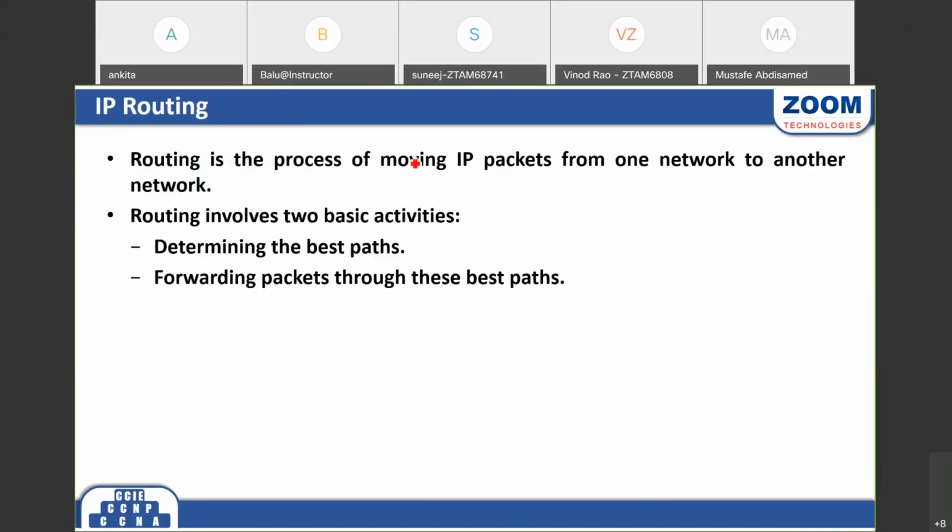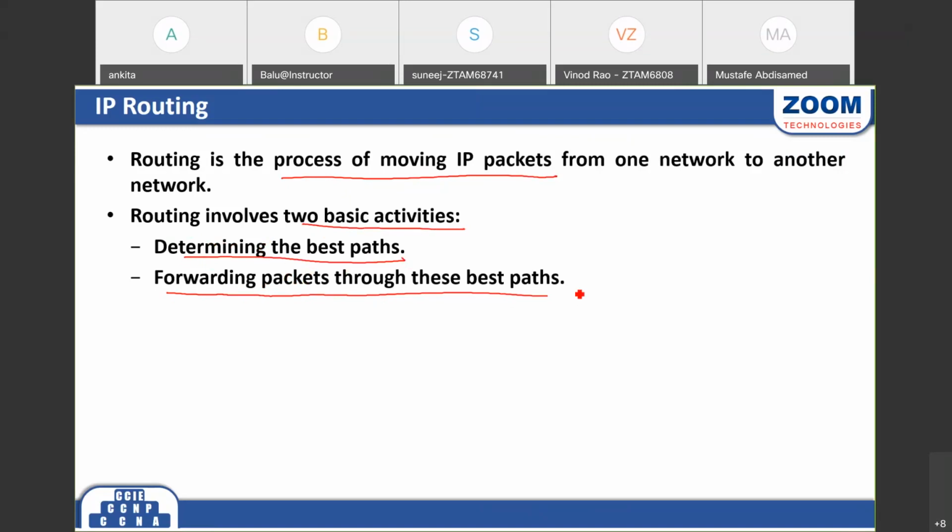So routing is the process of moving IP packets from one LAN to another LAN, or one network to another network. When traffic is moving to the destination, what will routing do? It involves two basic activities. The first activity is determining the best routes. On the best route only, your packets are forwarded.